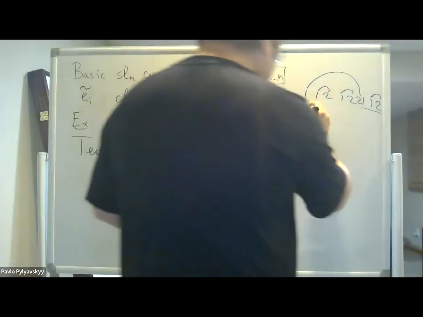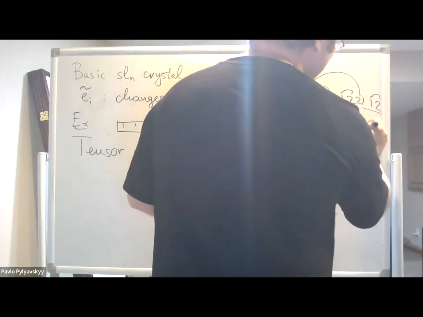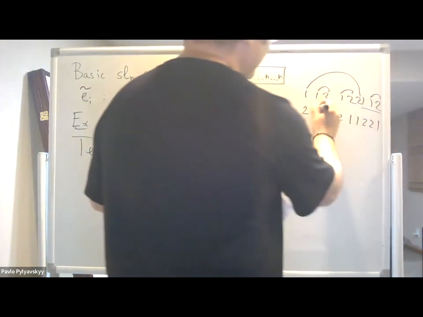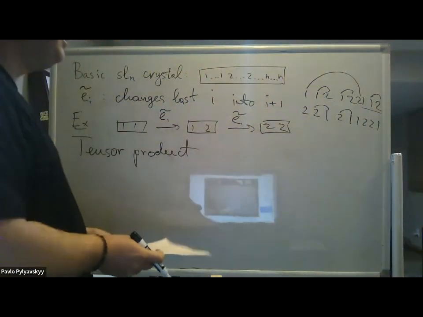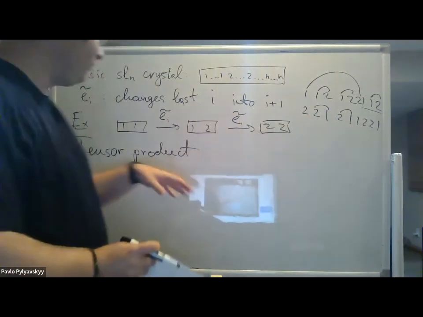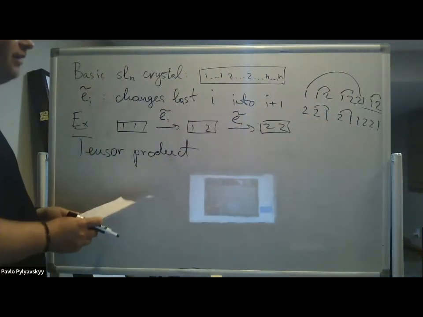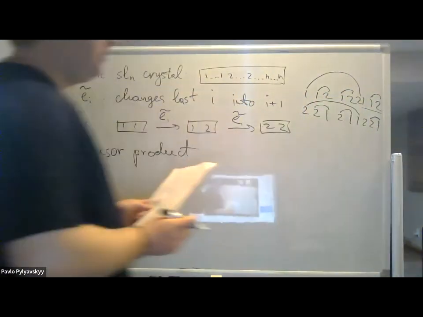Sorry, let's swap 2s and 1s. It all depends upon your tensor product convention. So I was wrong. You are supposed to match 2s with 1s. So you need one more parenthesis, one more matching at the end. Two more matchings. Okay.